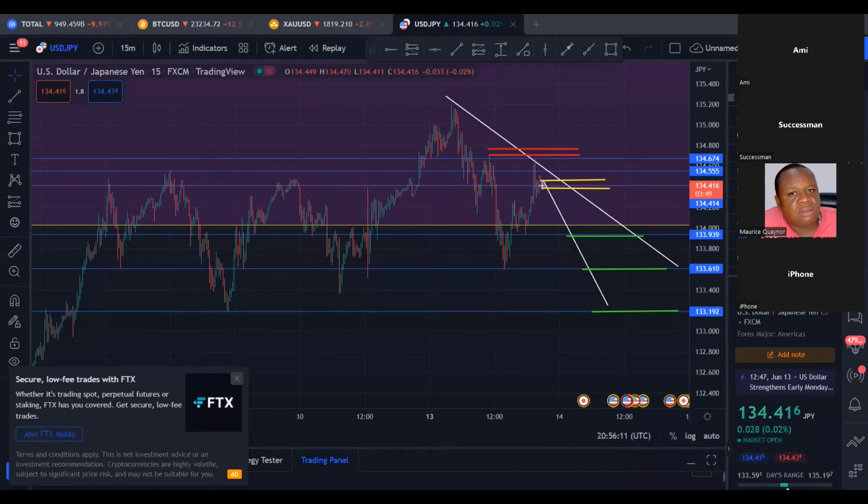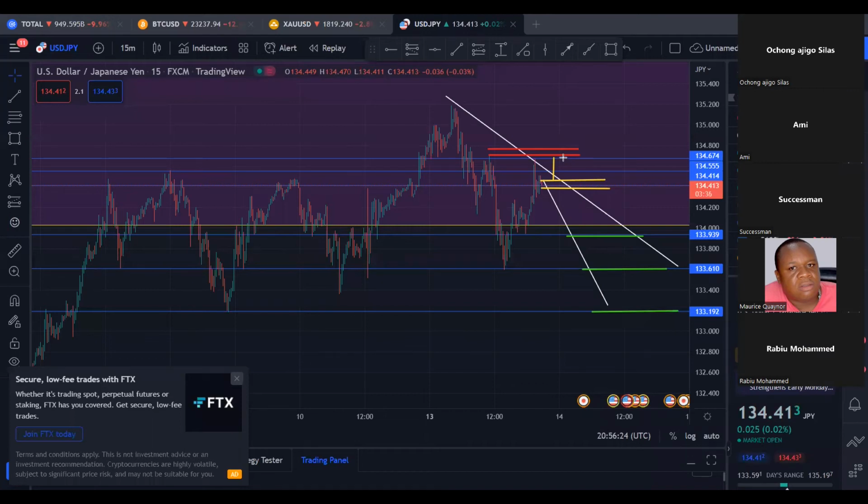So that even if I enter the trade here and market pulls back to somewhere here before going in my direction, it will not close me. And if it breaks this zone successfully and hits the stop loss, then I understand that it's going out of my analysis. Then the first green is my first take profit, second take profit, and third take profit.